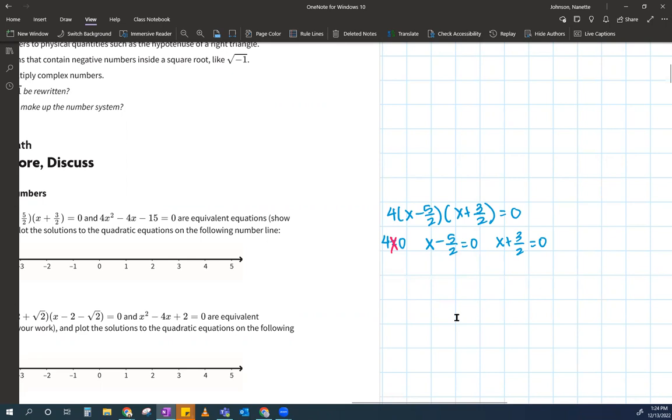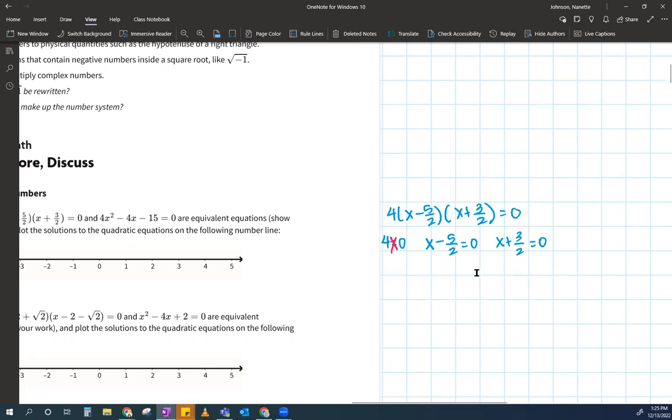Nope. No. How do you get everybody away from x? What's happening to x? Yeah, we would add 5 halves. Okay, so let me add 5 halves. So we get x is equal to 5 halves. Then I'm done. Yes? Very good.